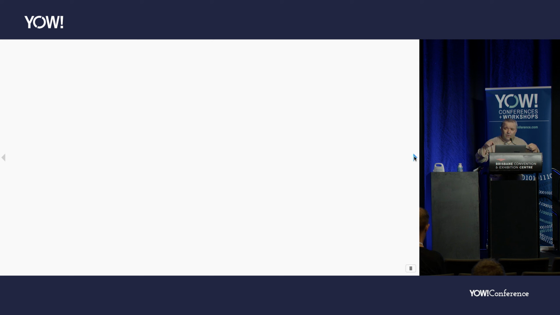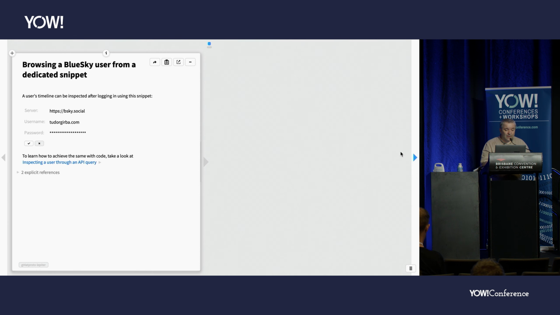And once you are no longer confined to the boundaries of the tools, you can also start to create surprising kinds of combinations. So let's go back to this Bluesky thing. Here I have a snippet, in this case not for posting, but for logging in and querying it.